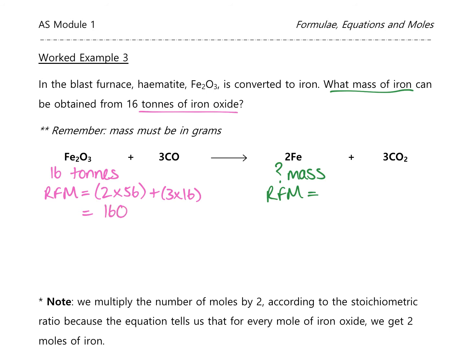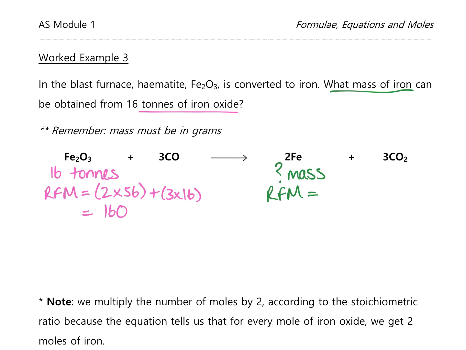Okay. And then your iron, just be careful when you're working out your RFM. Don't include the balancing number when you're working out the RFM. Remember, the relative formula mass is the relative mass of one formula, so that will just be of Fe. That balancing number there is part of the whole overall equation. It's not part of the formula of iron itself.